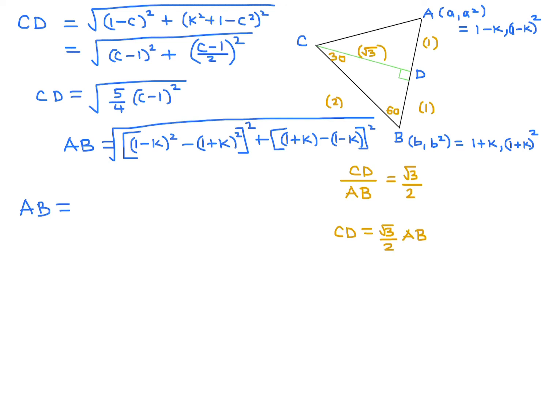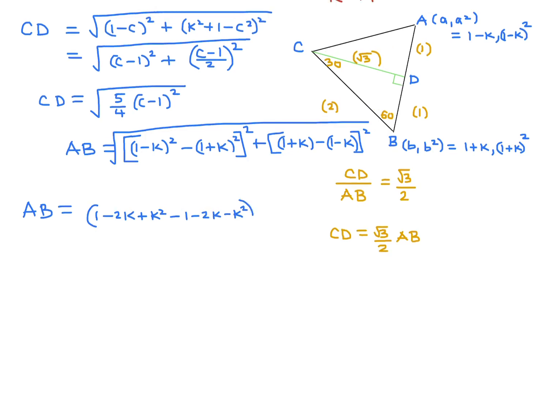So AB is therefore, let's do the expansion now, 1 minus 2k plus k squared minus 1 minus 2k minus k squared. That's all squared. And then the next part is just, let's see here, 2k, all squared. And this is all under the square root sign.